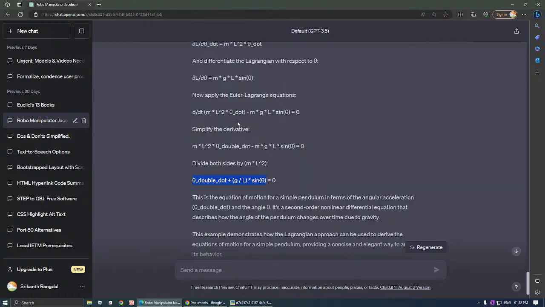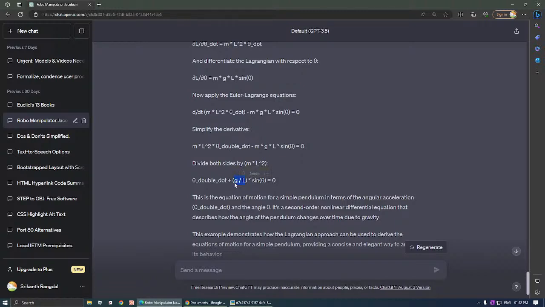I'm not really sure what's going on here. What is this equation? We have the angular acceleration over here, the angular displacement over here, the length over here, and the acceleration due to gravity.